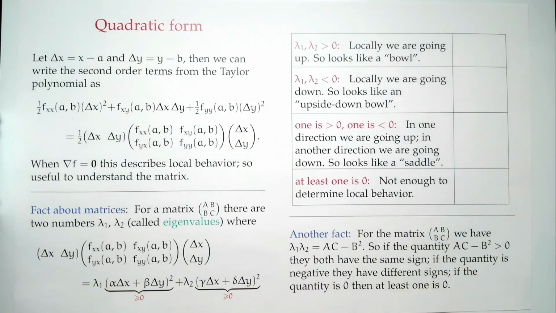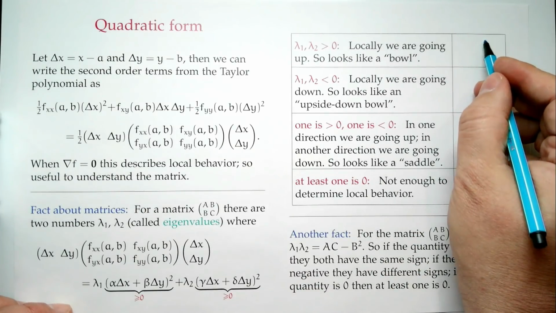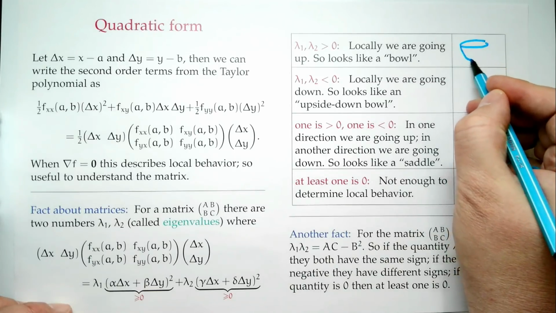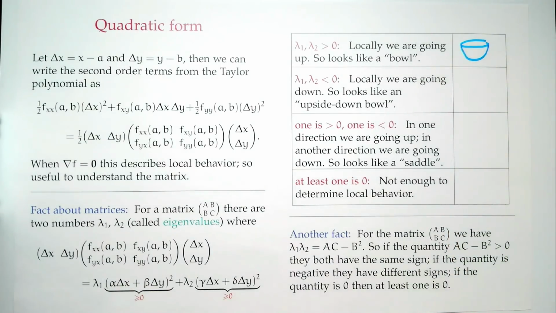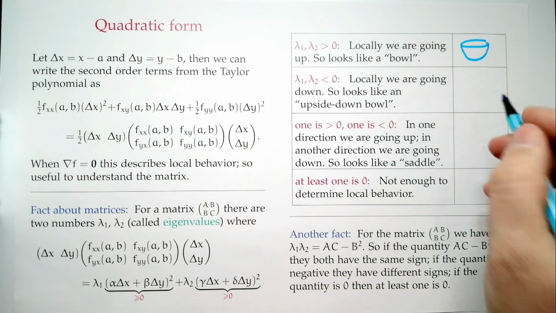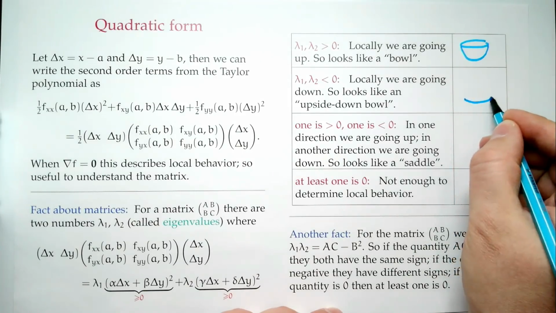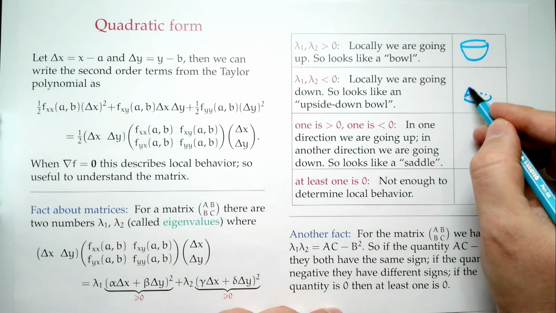So here's a summary. If lambda 1 and lambda 2 are both positive, then everything is going up, so that the behavior locally has this type of shape. I'm moving up from my point (a,b). I look like a bowl. If they're both negative, then locally you're going down, which means that you look like an upside down bowl.